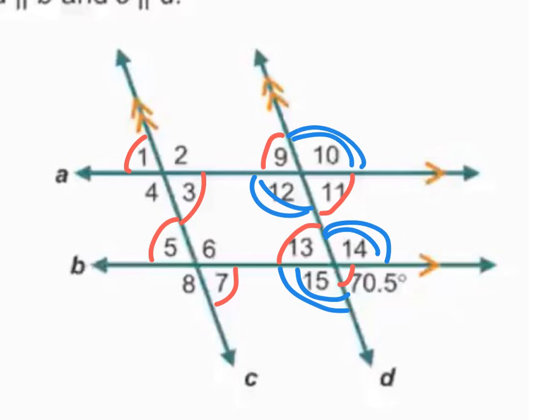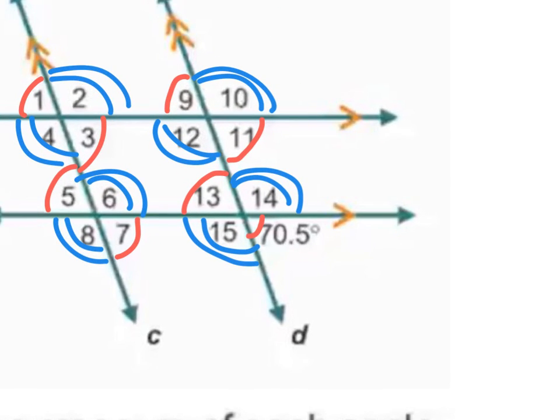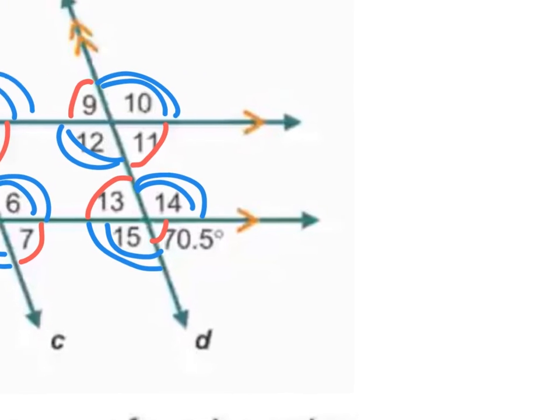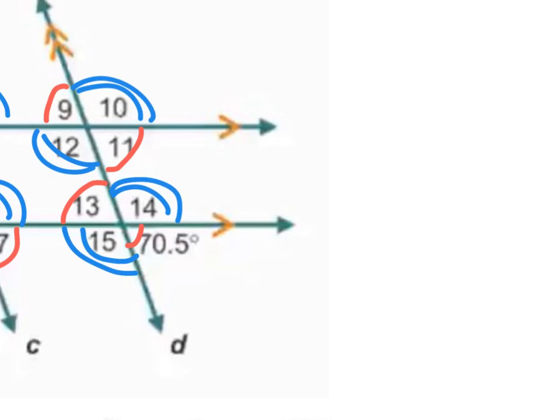Now I can say that all the other angles are going to be congruent to all the others, those that have 2 arc marks. I just want to figure out what those are. What I know is, if this is 70.5 degrees, it doesn't matter which one I look at, but I can look at angle 15 or 14, these angles have to add up to 180. So let's set this up. Angle 14 plus 70.5 is going to equal 180.